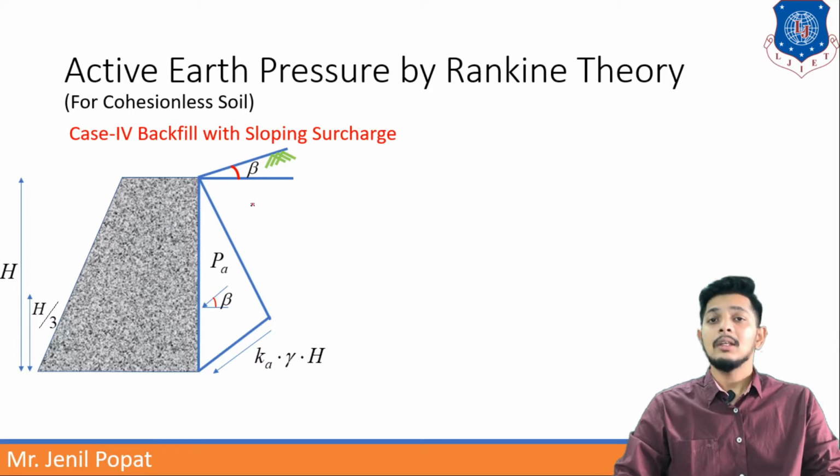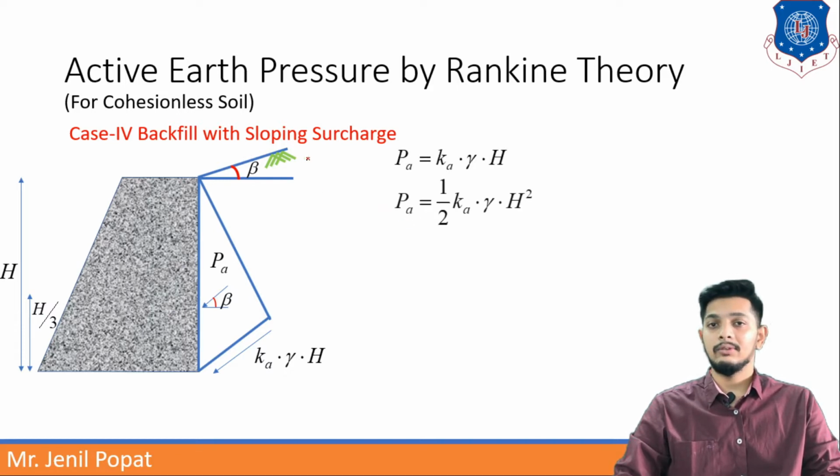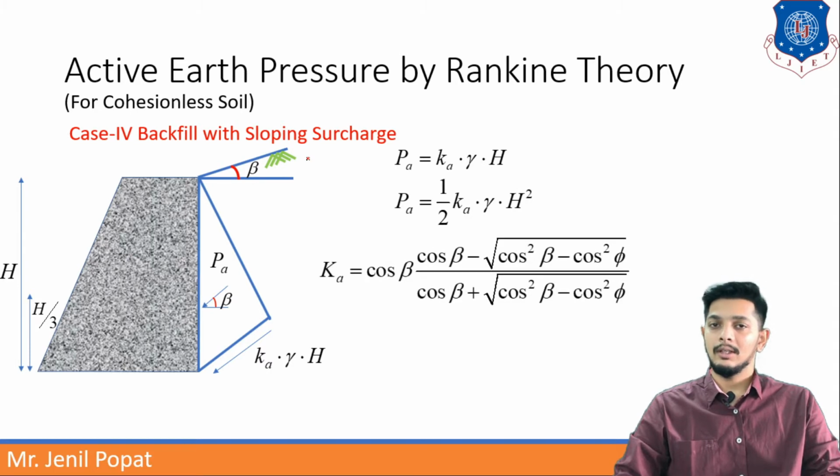In this case, the pressure PA will be taken as K into gamma into H. But what will be the K value? That will be the key for this theory. The K value given by Rankine is: cos beta into, in the numerator, cos beta minus under root cos square beta minus cos square phi, upon cos beta plus under root cos square beta minus cos square phi.